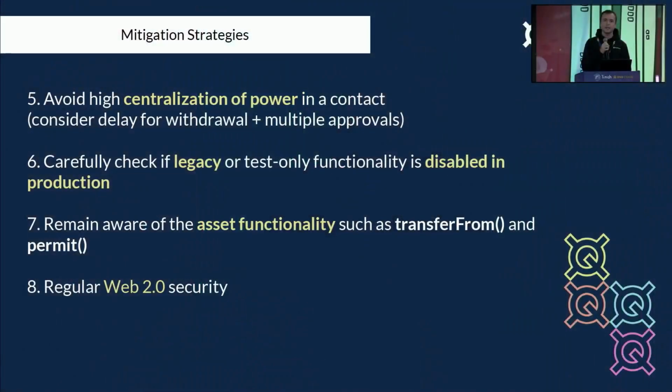Number 7 here is remaining aware that asset functionality such as transfer from and permit exists, and not all ERC20 compatible contracts implement this functionality in the same way, right? There could be some variations. Some ERC20 contracts have a fallback function.